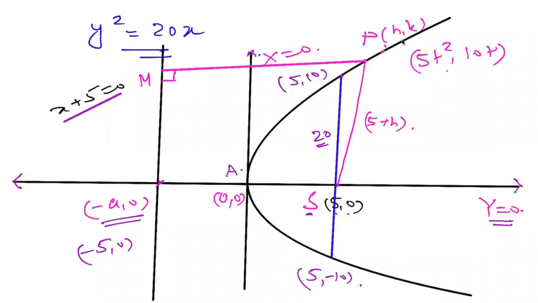Tangent at vertex will be x is equal to 0. End points of LR are a comma 2a and a comma minus 2a. P is the point h comma k. So SP is equal to 5 plus h. SP is equal to PM. And the parametric equation we can represent as this. This complete thing is for y square is equal to 20x.